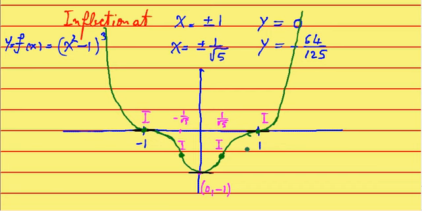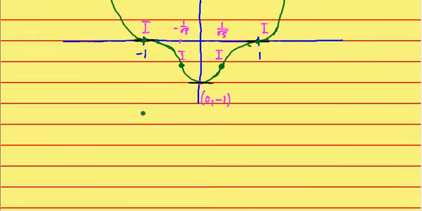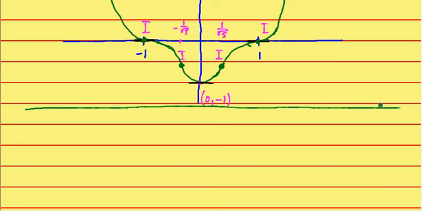Next problem in this category, a bit more challenging, because the function that we are going to look at is not polynomial type. Let's go ahead and take a look at this function here.